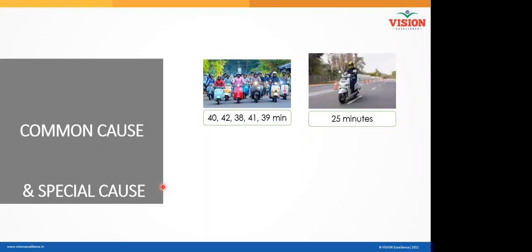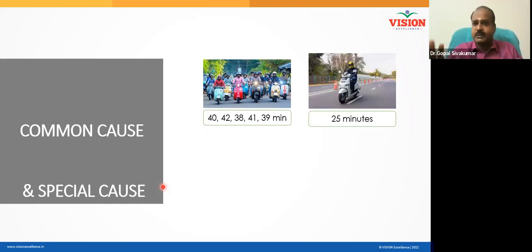Road is completely free. What I normally achieve in 40 minutes, today I achieved it in 25 minutes. Now you are able to explain the reason for the variation. The moment you are able to explain the reason for the variation, it should be called a special cause. All of you understand?